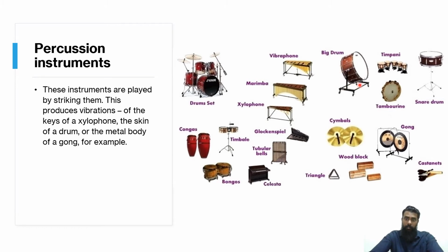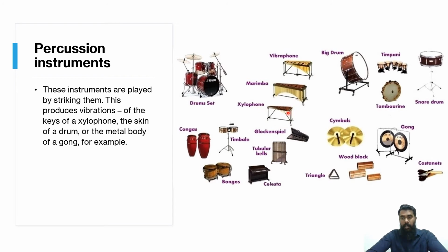If you've seen a drum, it has a cloth kind of skin which is tightened around its side. This skin you have to beat so that the drum produces a sound. When you beat the skin, the air inside the drum vibrates, causing the whole body of the drum to vibrate and produce a sound. Congos and bongos all work on the same logic.